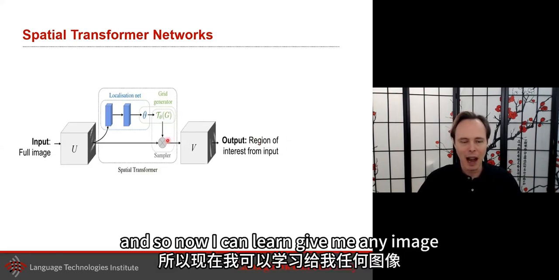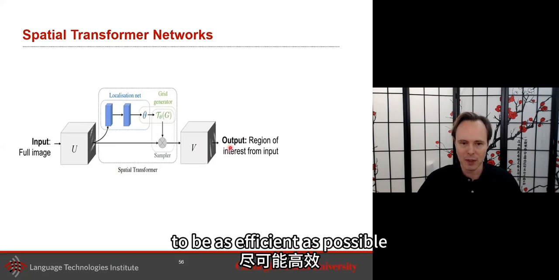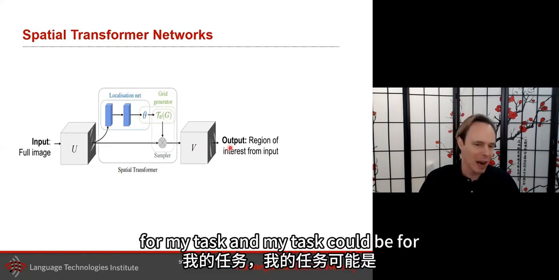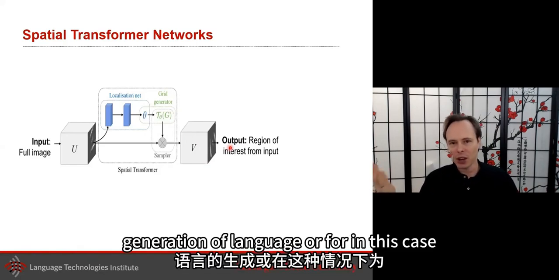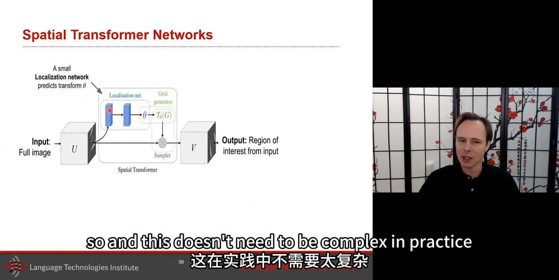And so now I can learn, give me any image, I can learn how to warp it to be as efficient as possible for my task. And my task could be for generation of language, or, in this case, object detection. And this doesn't need to be complex in practice.